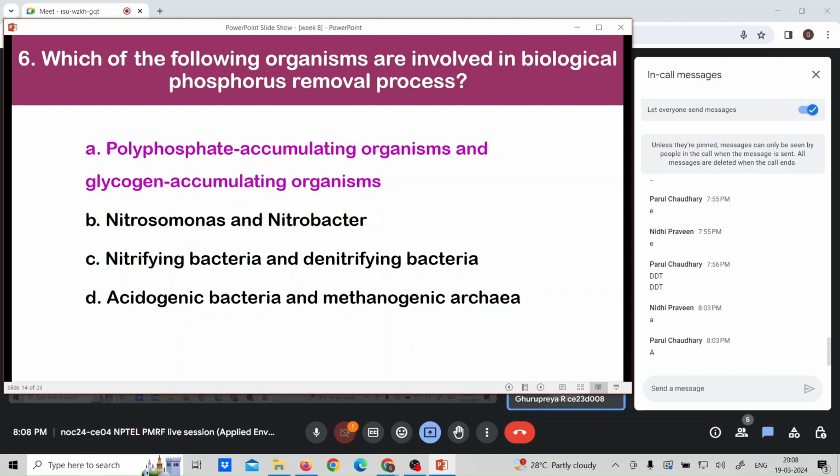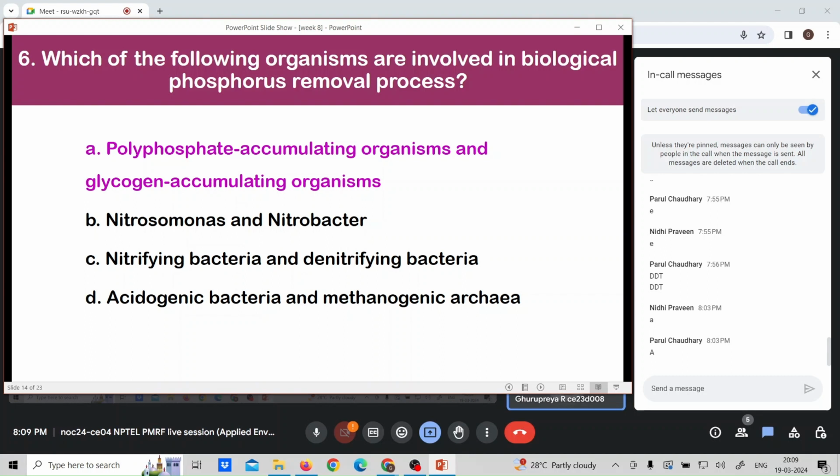This NO2 minus is converted to nitrate, which is NO3 minus, and this conversion is aided by nitrobacter. So nitrosomonas and nitrobacter are basically nitrifying bacteria. Is that clear? Yes, ma'am. Okay.